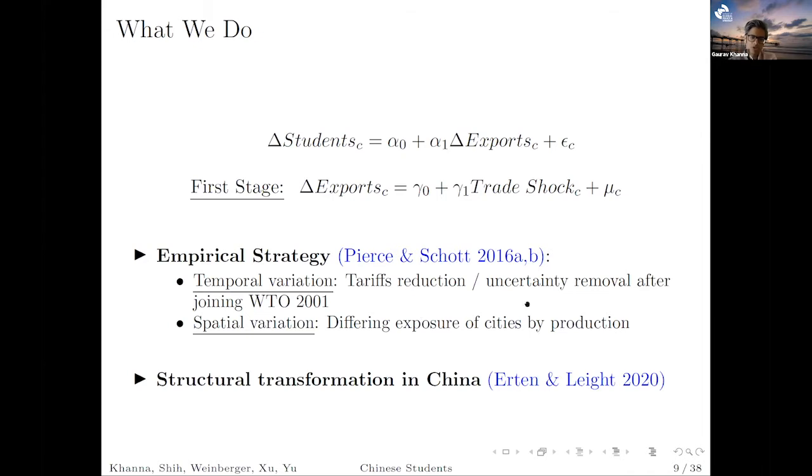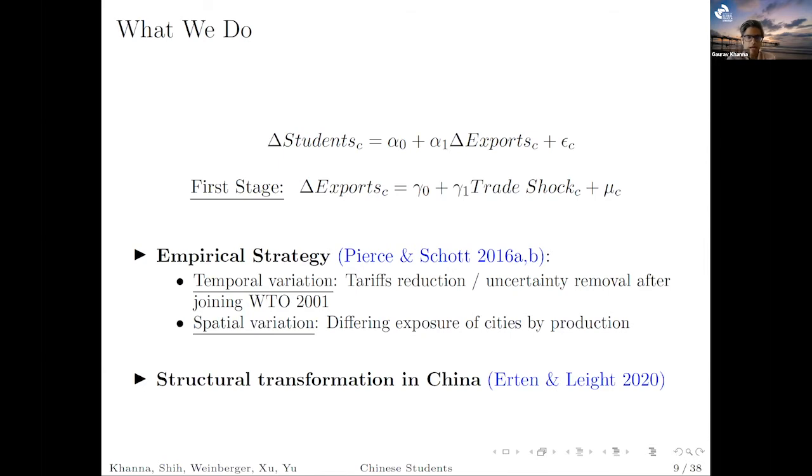But a lot of the literature has used this empirical strategy to study what happens in the US. Except there's this great paper that Justin referred to, that I encourage everyone to read, about how you could use the same identification strategy to study what happens in China, right?